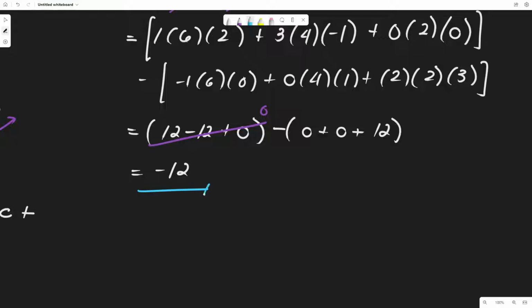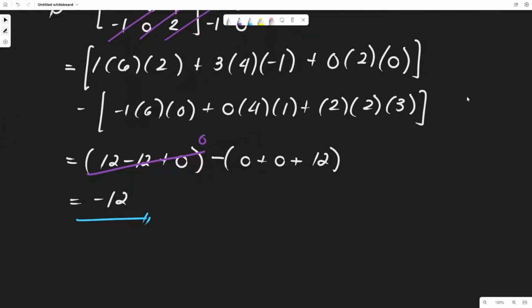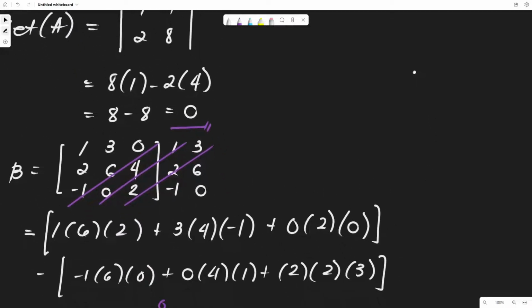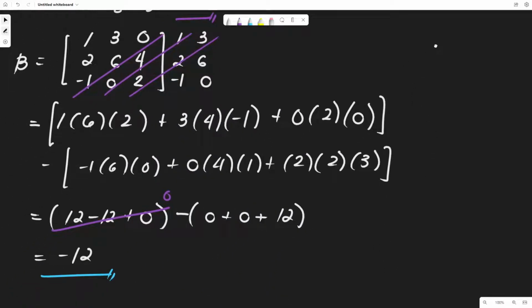So, that's using the conventional way, our long method. Let's use the second method, using cofactors. From our original matrix, let me erase this too. Okay? Let's use our original matrix.